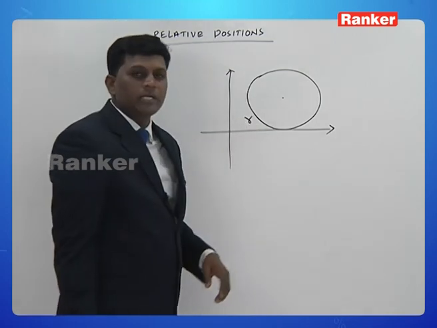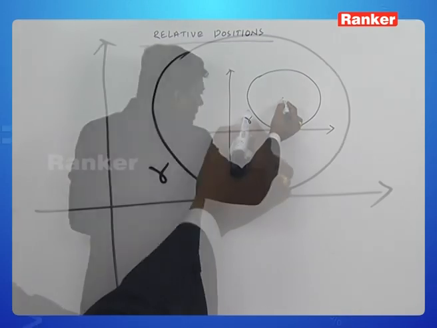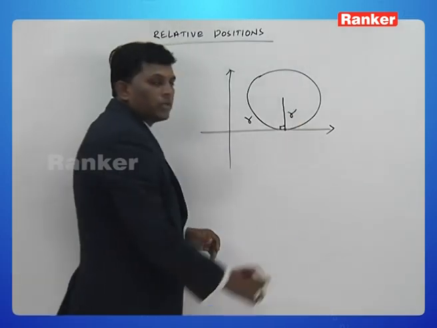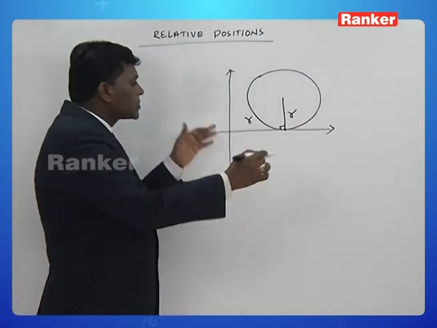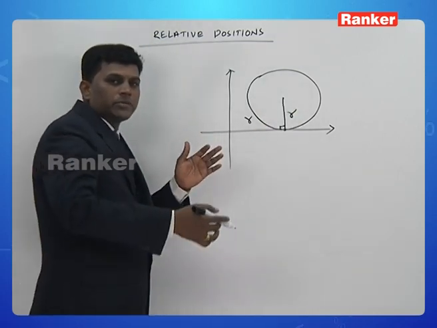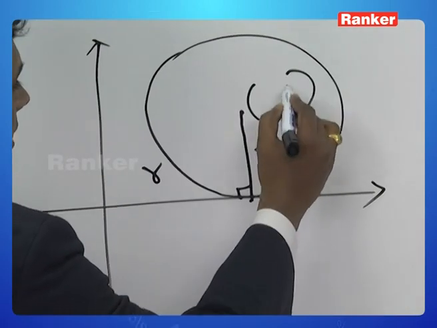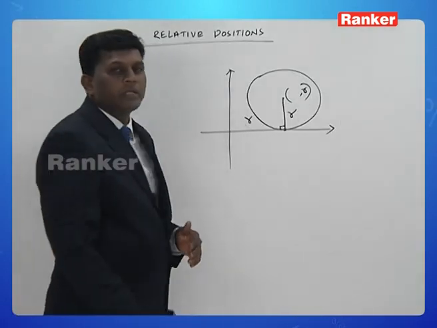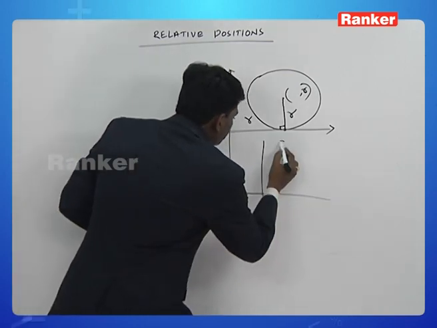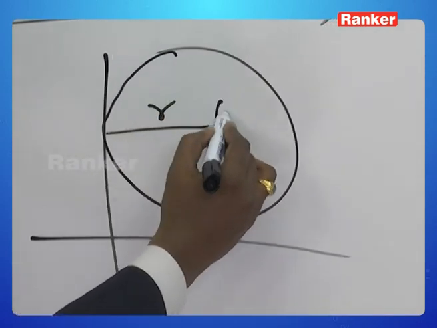If the radius of the circle is r and if it is touching the x-axis, diagrammatically we can say that this length is also equal to r, which is also called the ordinate of that particular point. Perpendicular distance from the x-axis can be taken as the ordinate. So here clearly the ordinate of this center will be r. Now if it is touching, suppose, the y-axis, then its abscissa will become r.